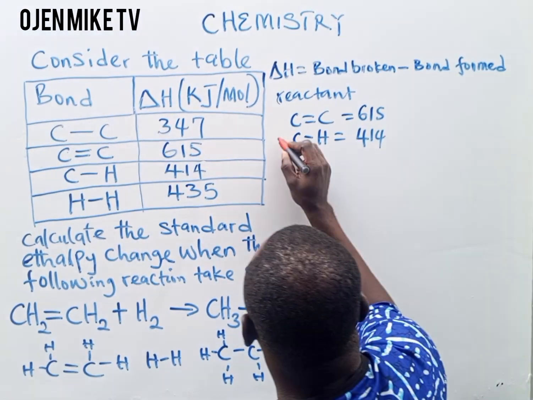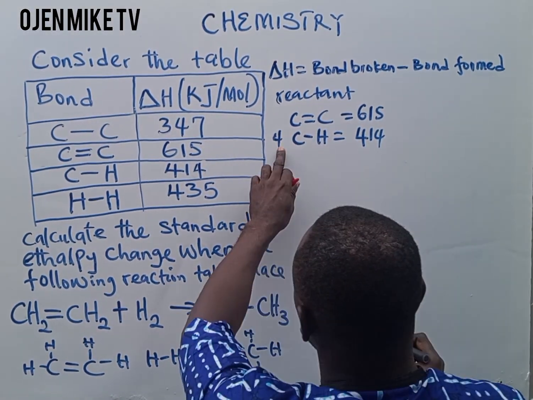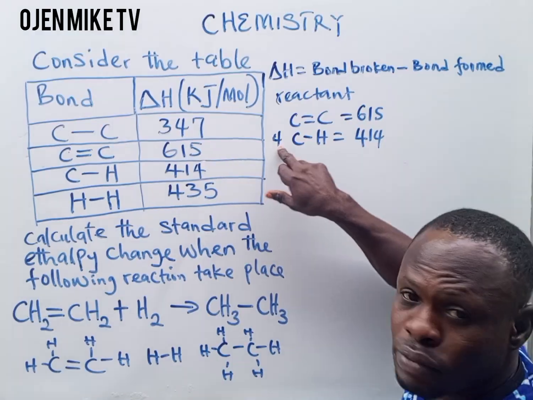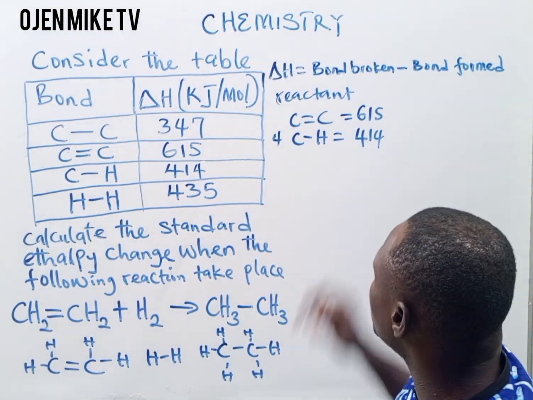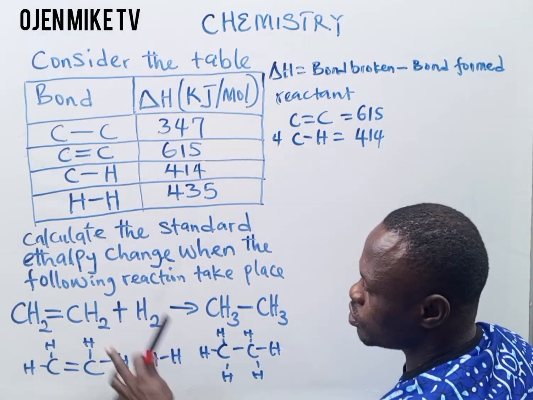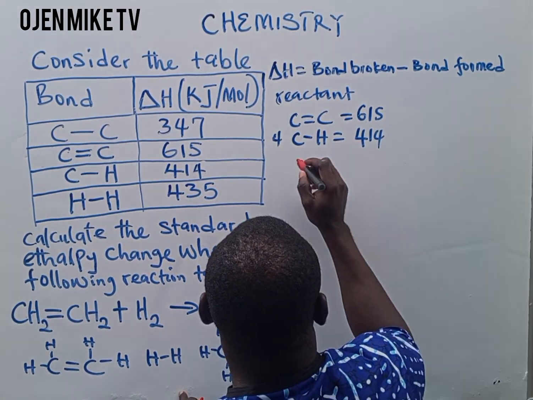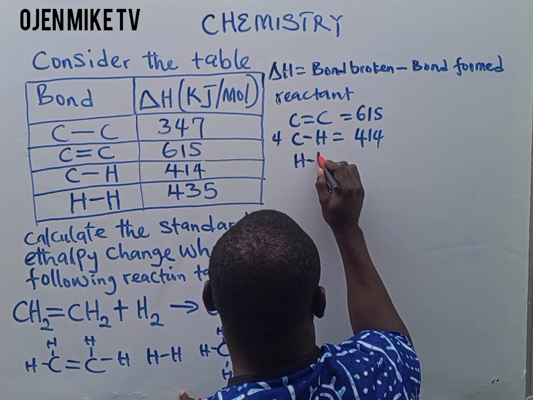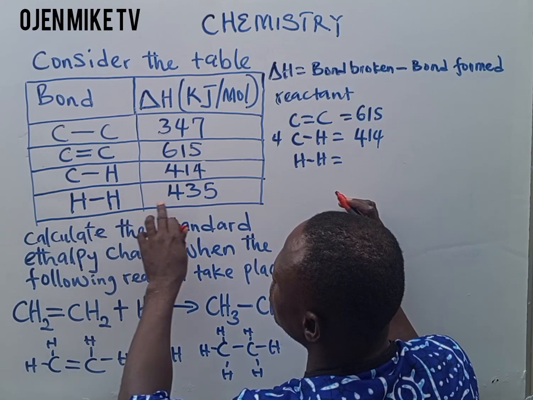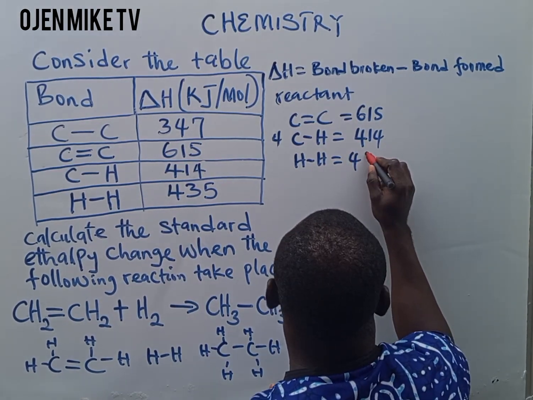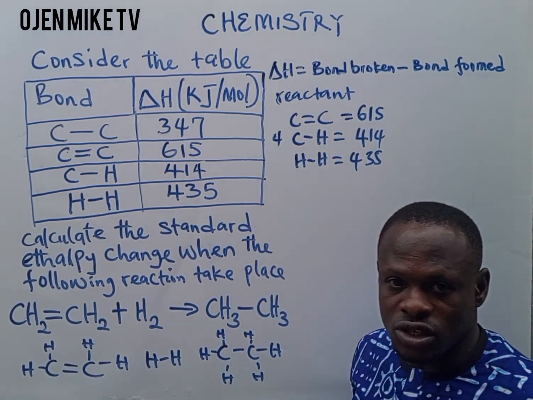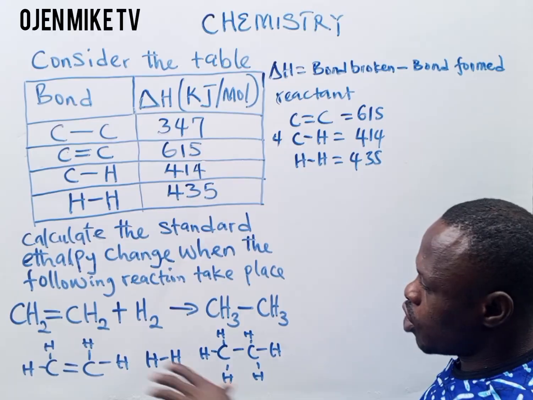So here we have 4 C-H, because any value here we multiply by the number given. Then in the reactant we have H-H, which is given as 435.